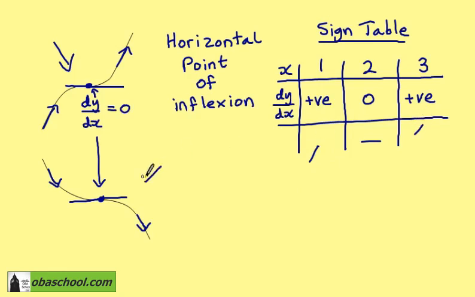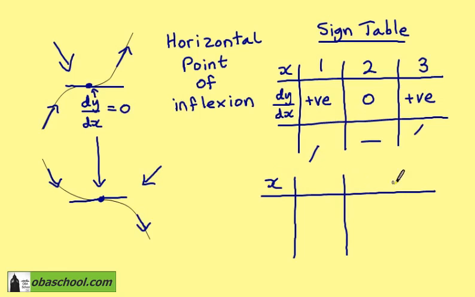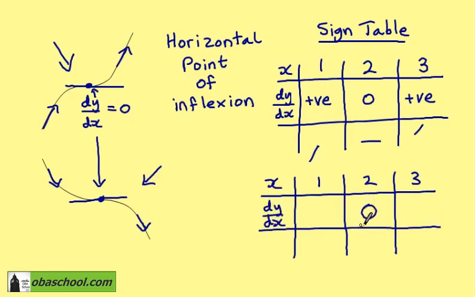For the other situation, like the bottom diagram, our sign table would be constructed in the same way, but what would happen with dy/dx here is that the values would go negative, 0, then negative. Drawing this down, across, and then down, we can see the shape.